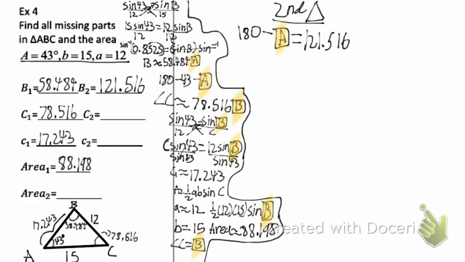Now let's draw a triangle. So this is A, that is B, and this is C. So we already know that angle A is 43 degrees. Side B is 15. A is 12.